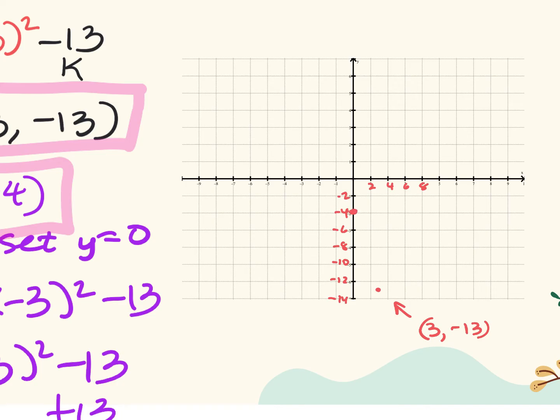I could draw in my axis of symmetry. It's going to be this vertical line through the vertex. So again, I can connect this side of my parabola. And then I can do a reflection.